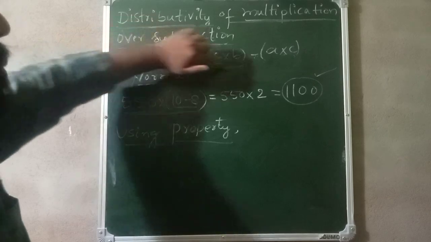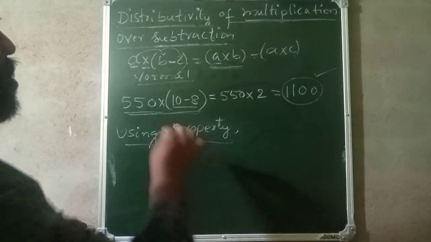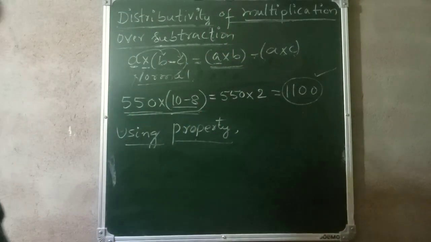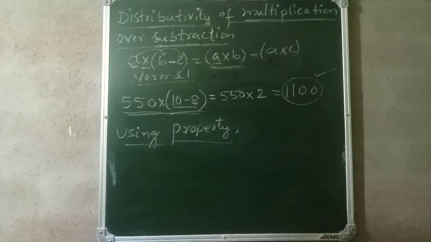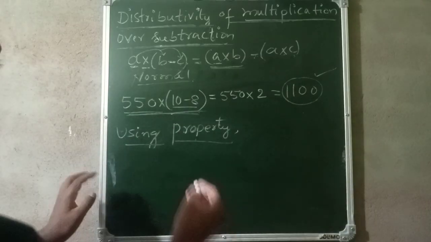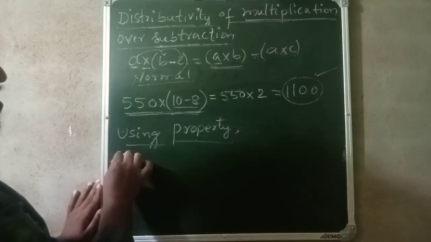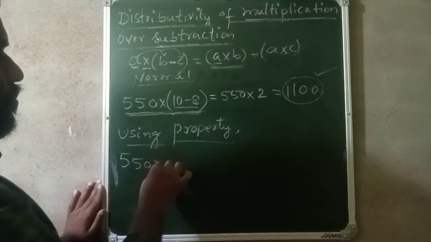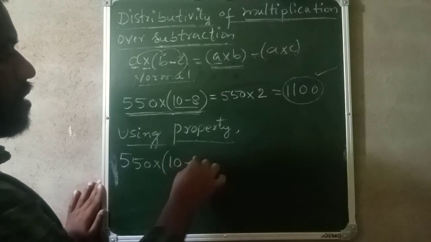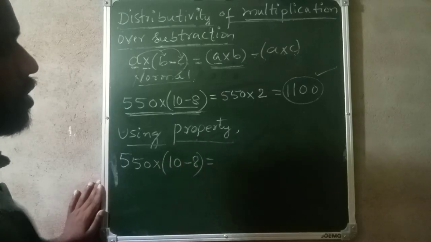So using this property we will simplify this expression. First, write this as it is, 550 into (10 minus 8). So put is equal to.